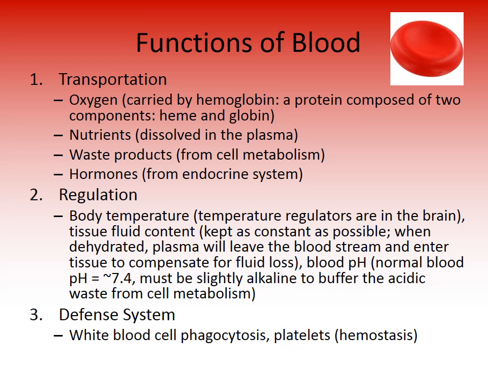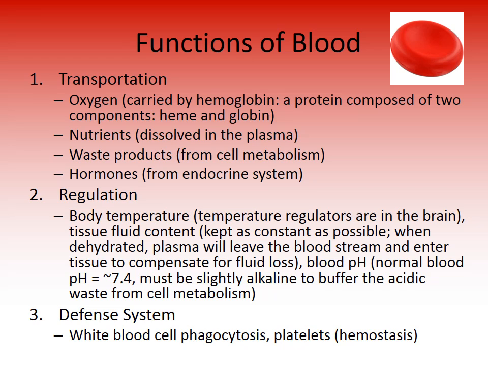The reason why that happens in dehydration, it all makes sense now, right? The blood tries to help regulate that dehydration, and how it does that is that it takes the plasma and leaves the blood into the tissues to compensate. So when we take our peripheral blood sample and spin down our PCV, we're going to see very little plasma, and that's because it's compensating for that dehydration.